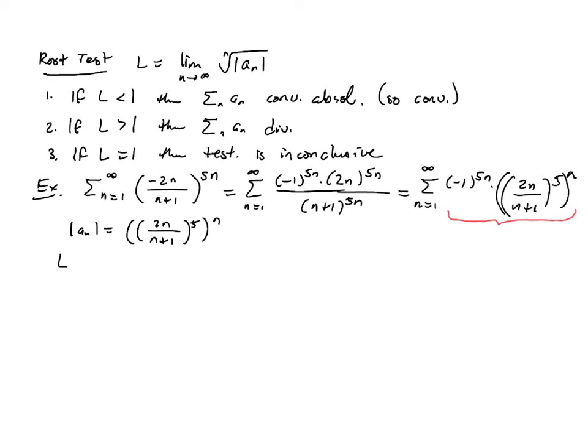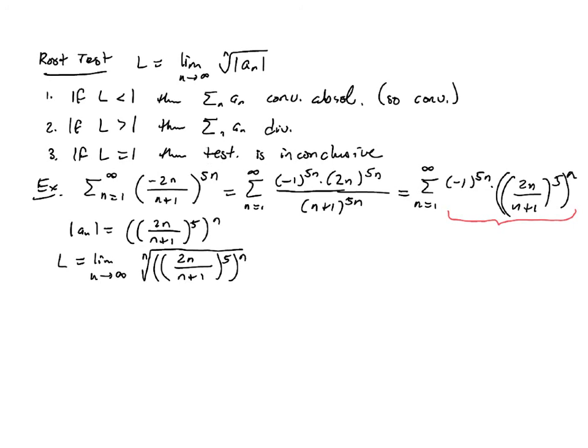And so the L that I'm interested in for my root test is the limit as n goes to infinity of the nth root of that entire expression. And here's the key point.